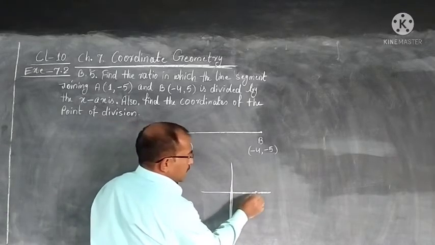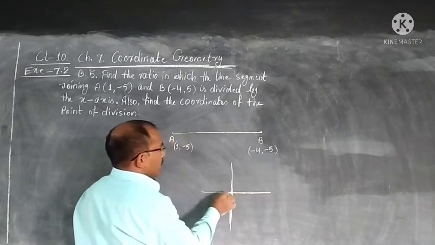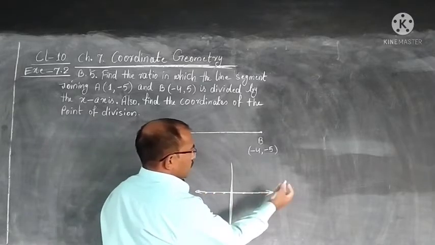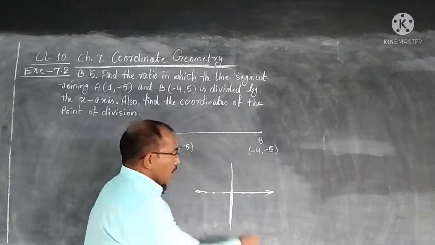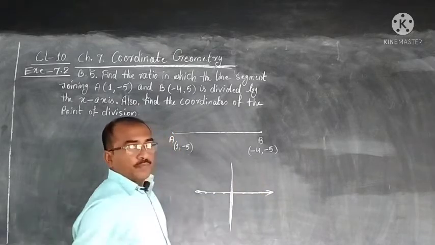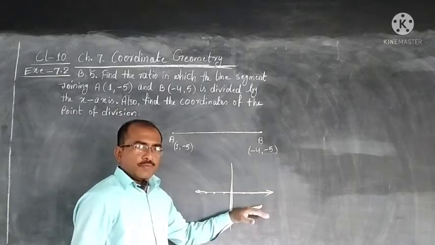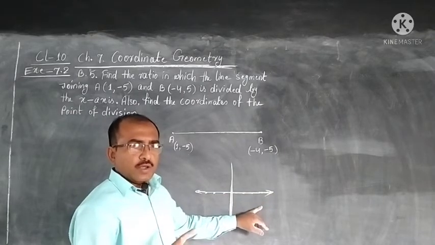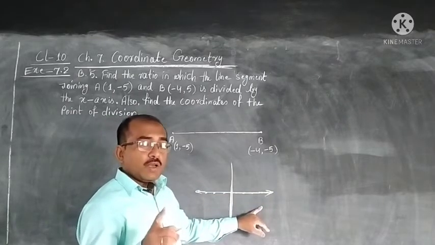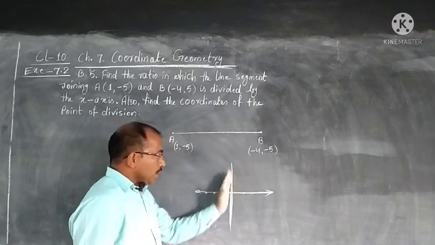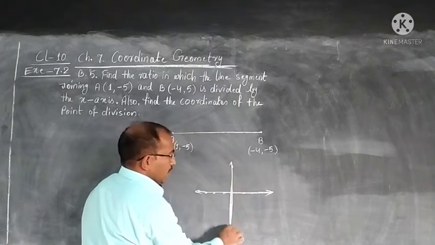Any point on the x axis, x will have some value, maybe -1, -2, -3 or 1, 2, 3 and so on, but y will be 0 only. And if the point is on the y axis, then x will be 0.